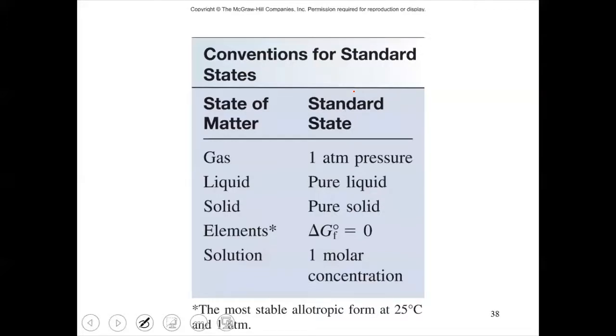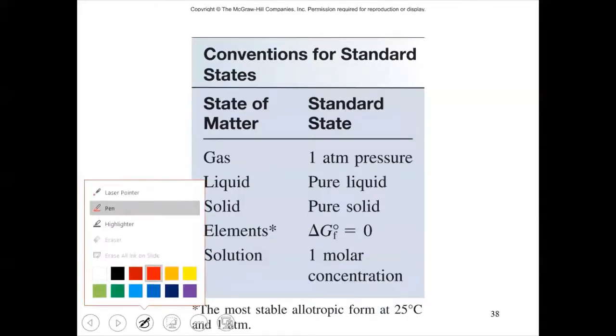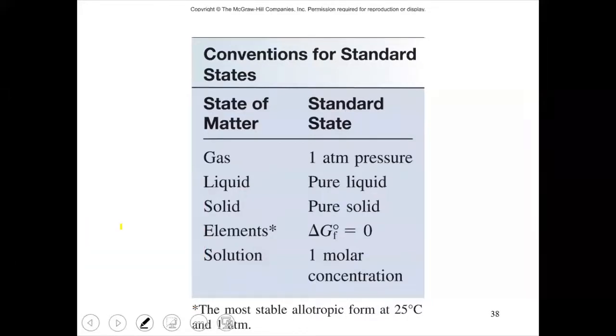The idea is that if the substance is in the form of a gas, it's going to be at 1 atmosphere pressure. If it's in the form of a liquid or solid, it's going to be the pure liquid or the pure solid. If it's an element, it's going to have a delta G of formation of 0, but that only applies to the most stable allotropic form.